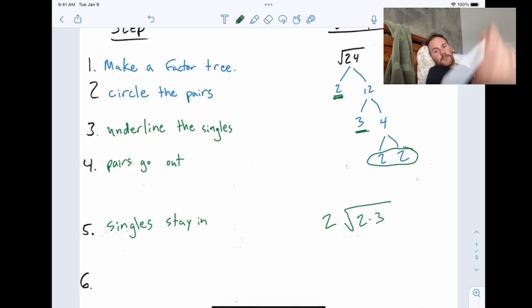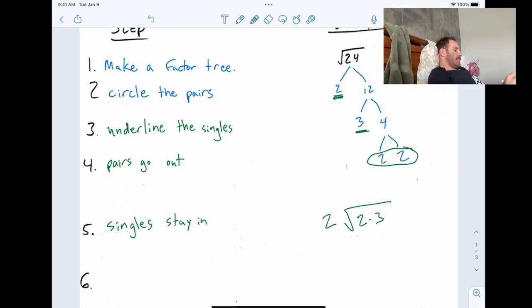So do you see how when we've got a pair, they go out as a pair? So there's just one of them outside. The singles, 2 and 3, stay in. And we actually multiply the singles. They stay in. We multiply them, and we end up with our number.